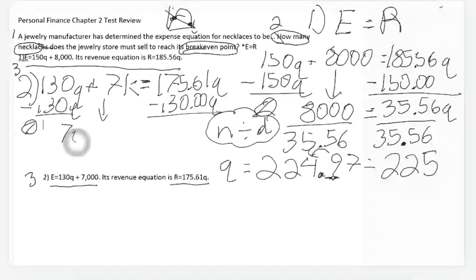So we're going to have 70,000 is equal to $45.61Q.